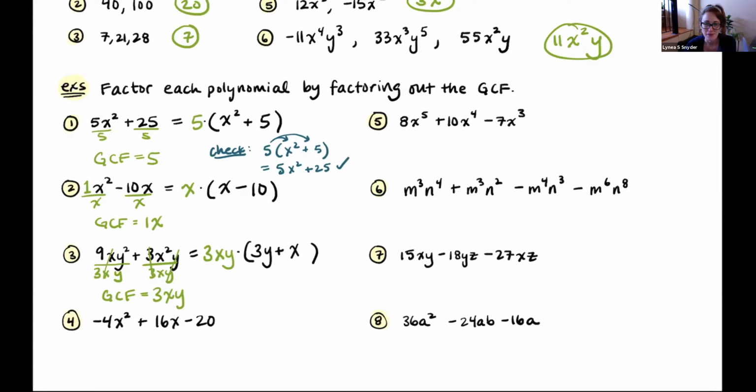All right, example number 4, we've got negative 4x squared plus 16x minus 20. So here we've got 3 terms. We have negative 4x squared, we've got 16x, and we've got negative 20.